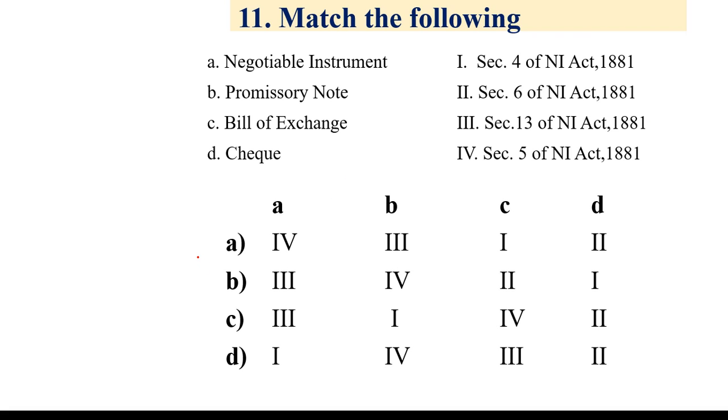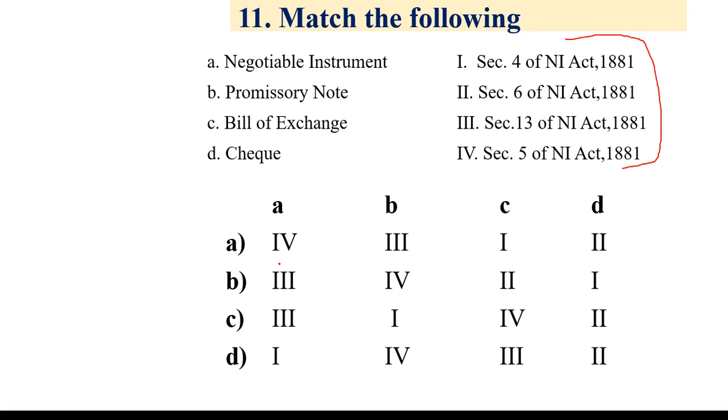Is it option A, B, C or D? So I'll give you a hint: whatever is there in this column, it means that this negotiable instrument has been defined in the Negotiable Instruments Act 1881 under which section? Think and give the answer.